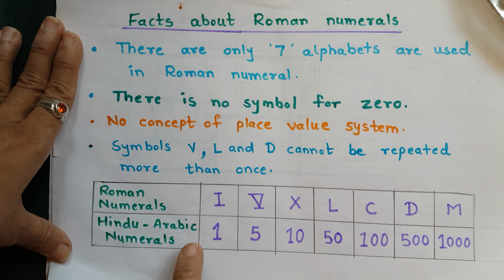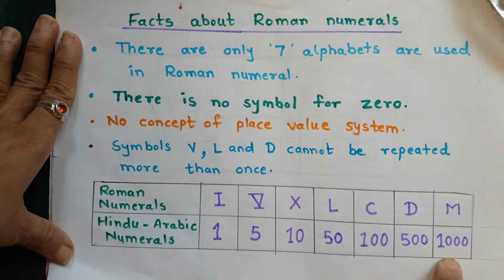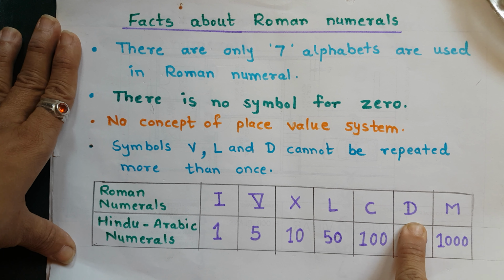The Hindu Arabic numbers which represent them are I for 1, V 5, X 10, L 50, C 100, D 500 and M 1000. These are the values of these symbols.